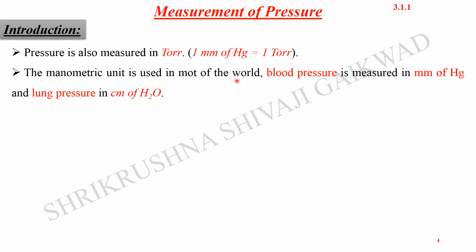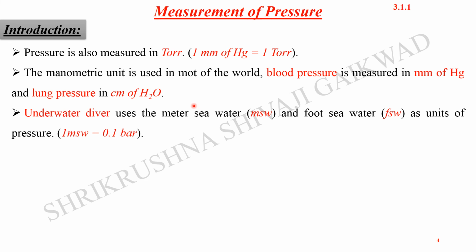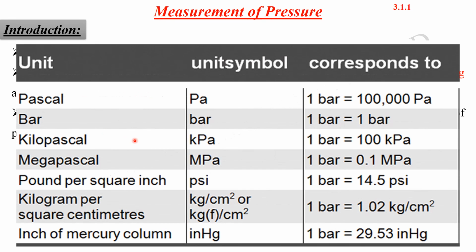The manometer unit is used in most of the world. Blood pressure is measured in mm of Hg, and lung pressure is measured in cm of H2O. Underwater divers use meter sea water, MSW, or foot sea water as units of pressure, where 1 MSW is equal to 0.1 bar. There are various units used, and their corresponding conversions have been shown on this chart: Pascal, bar, kilopascal, megapascal, pounds per square inch, kilogram per square centimeter, and inch of mercury column.